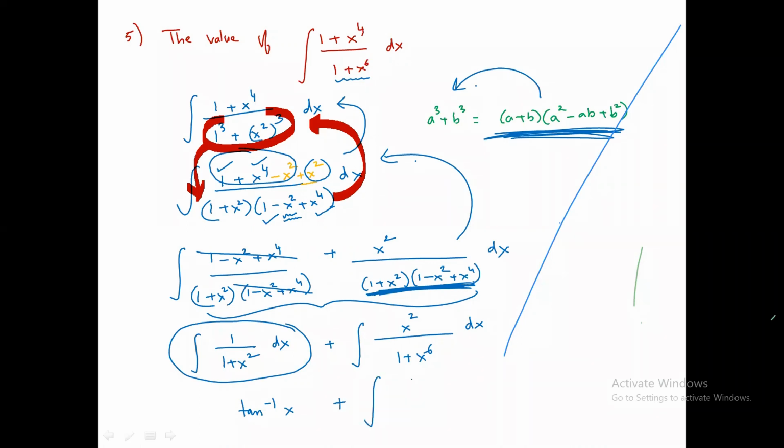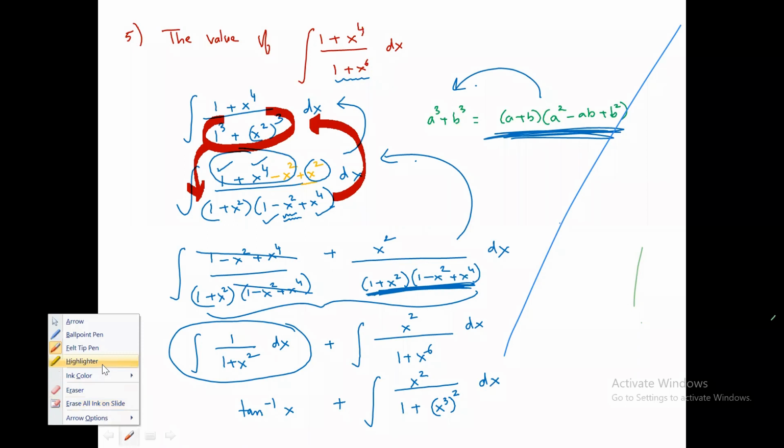Now for the second one only, I must struggle a little bit by writing x power 6 again as x cube square. This time I will write x cube square. Did you see carefully?